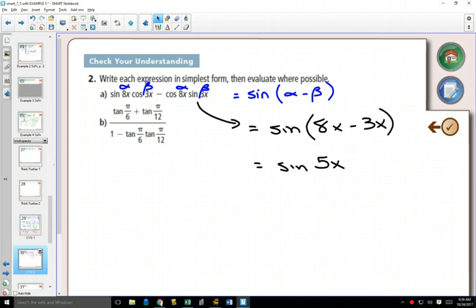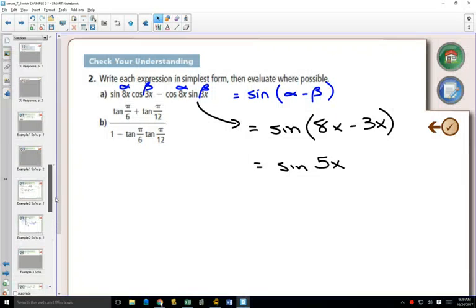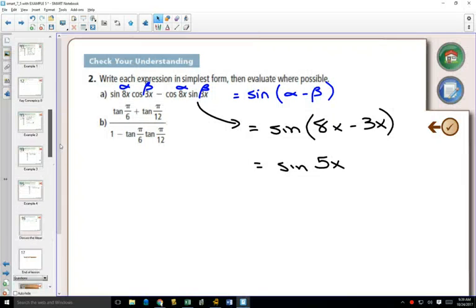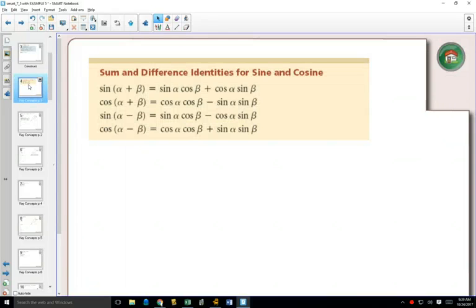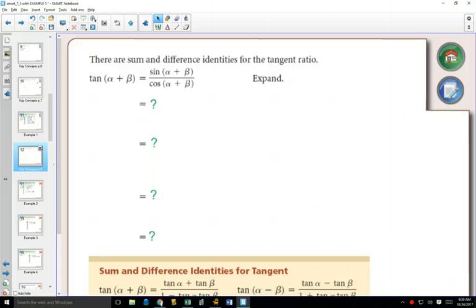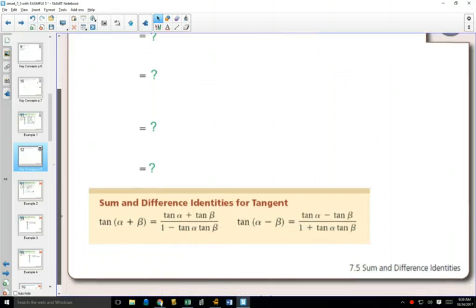Now we had our formulas, we were introduced to them already for sine alpha plus beta, right? We saw these formulas already. There are also formulas for tan. So there's a tan alpha plus beta formula and a tan alpha minus beta formula.